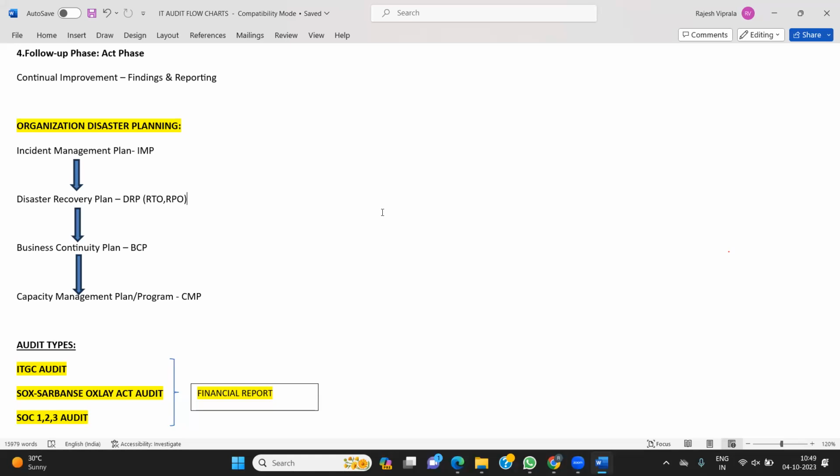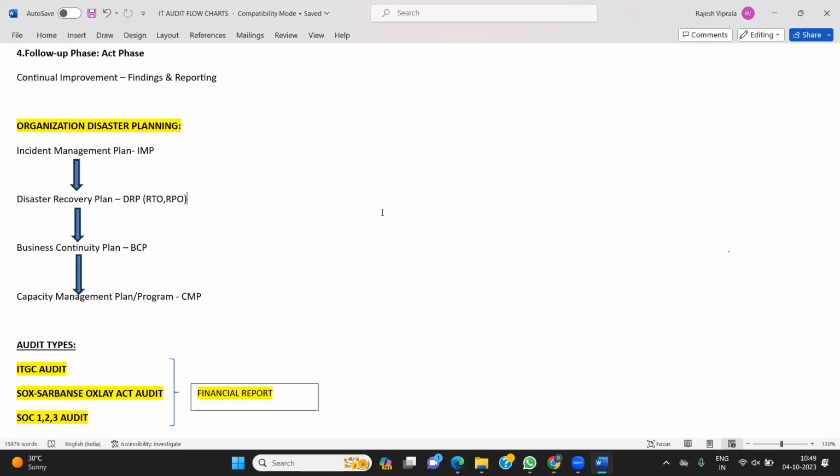Can I get confirmation? Yeah, it's very simple, guys. The higher the disaster, the lesser time we should give. The lesser the disaster, you can have sufficient time to react. That is what the meaning is. That's about the RTO. I hope you understood this particular RTO.